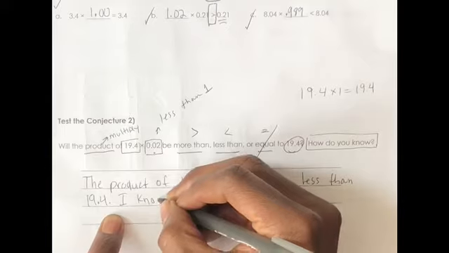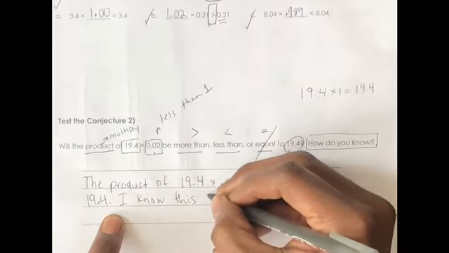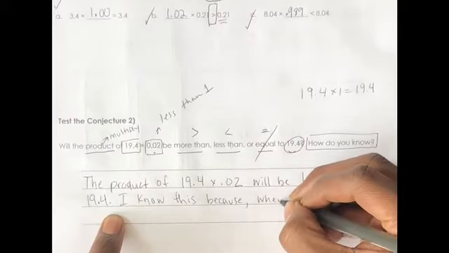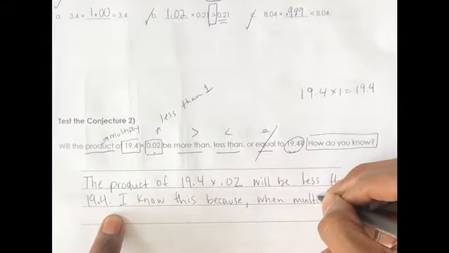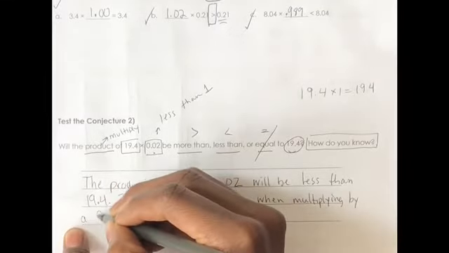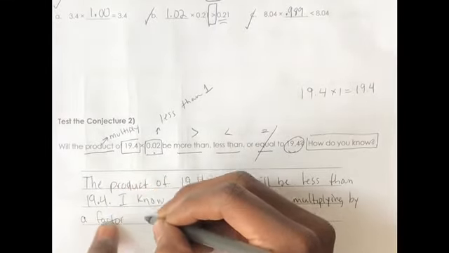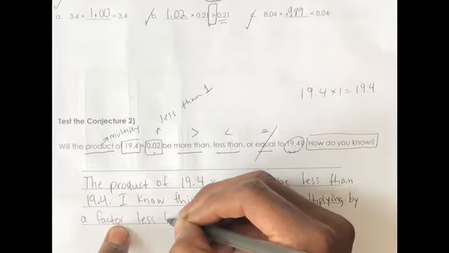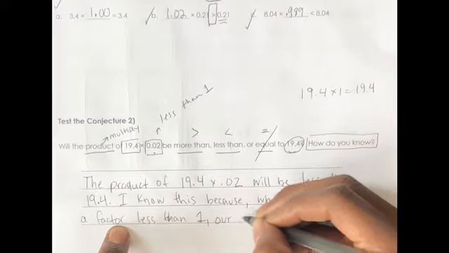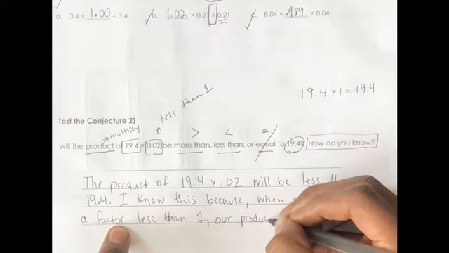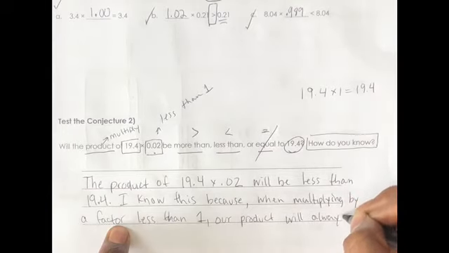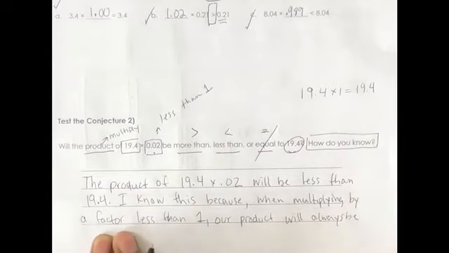I know this because when multiplying by a factor less than 1, our product will always be what?